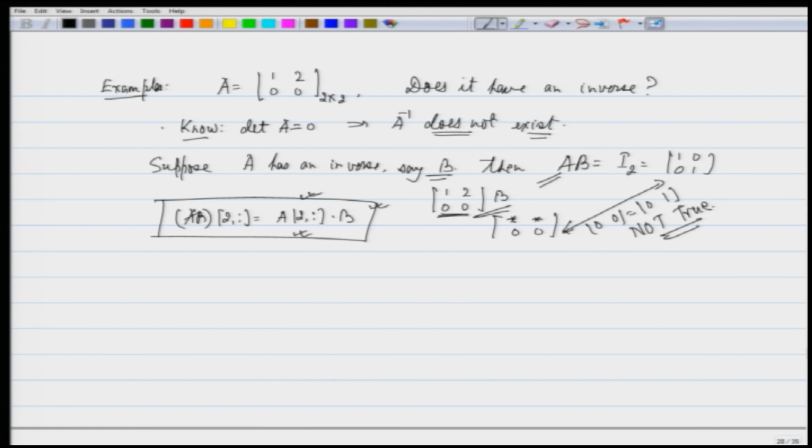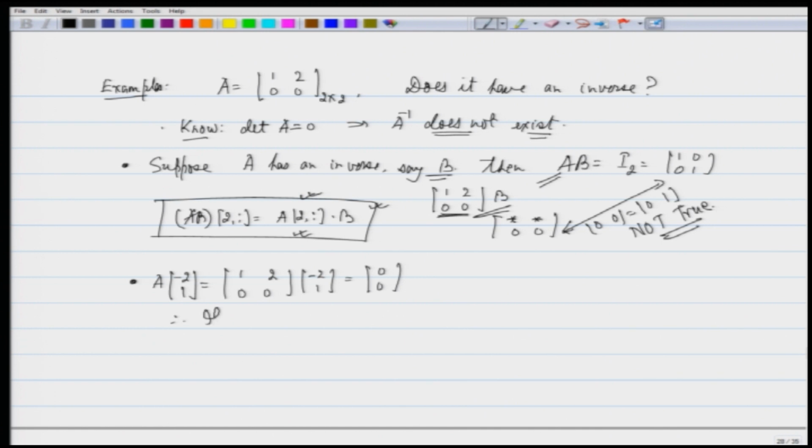Fine. Another way of saying this is to look at this matrix A, 1 2 0 0. If I multiply this matrix with minus 2 comma 1, this will turn out to be 0 0.